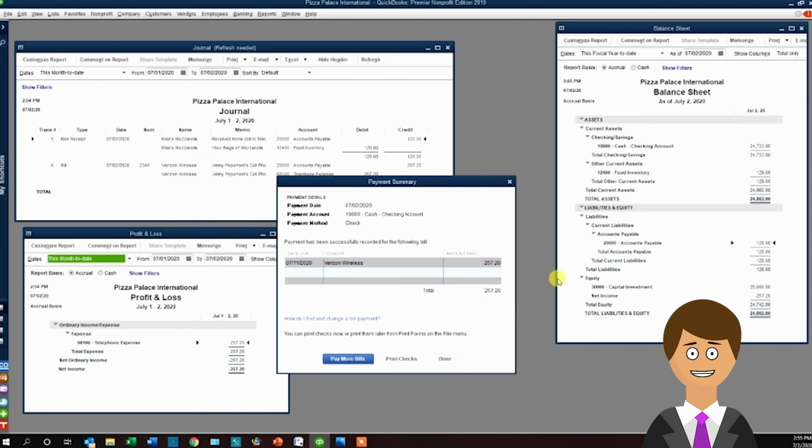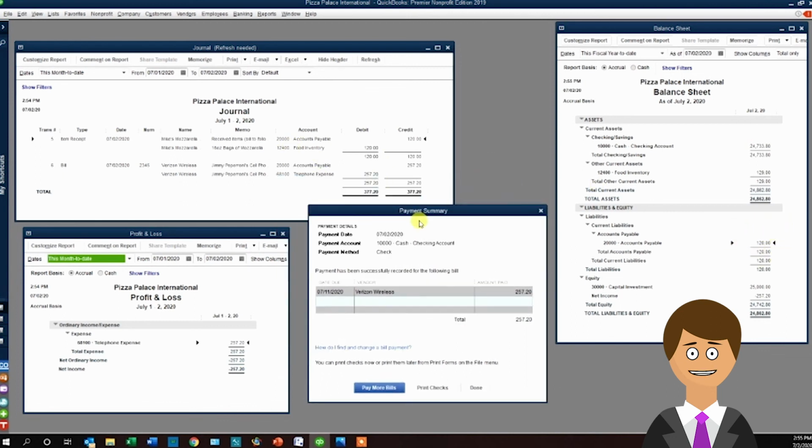But before we print the check, you'll notice that the system has already taken money out of our checking account and also reduced our accounts payable. So we are still in balance for our assets and our liabilities, but even though we haven't quite printed the check yet, the system is saying you've got it all queued up to print, so it's taking the money out of our checking account and relieving that accounts payable.